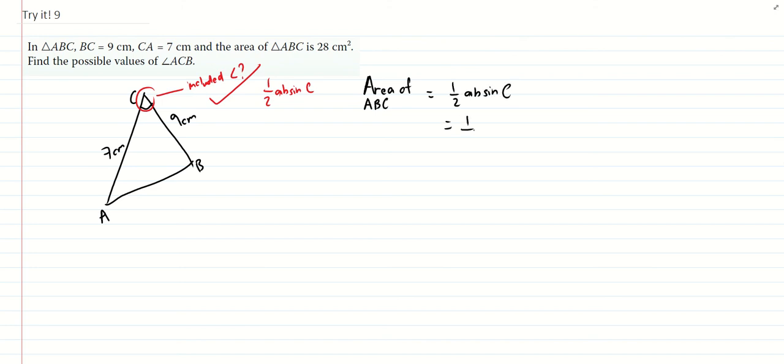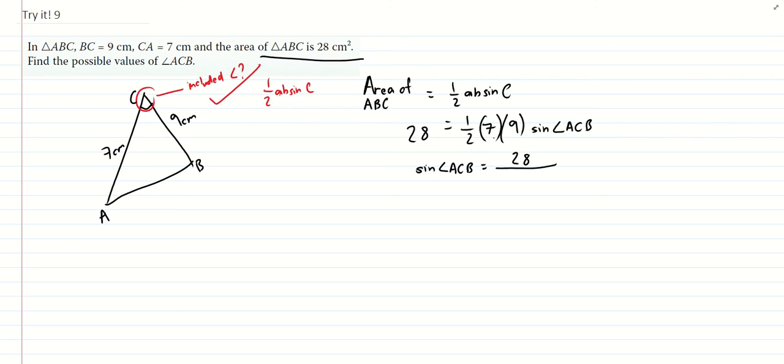For a, I can use any length, so let's just put 7. For b, I can use the other length, which is 9 cm, and then sine of angle ACB. Now, the area of ABC is given as 28 cm squared. Simplifying this formula, I will have sine angle ACB equal to 28 divided by the number here.